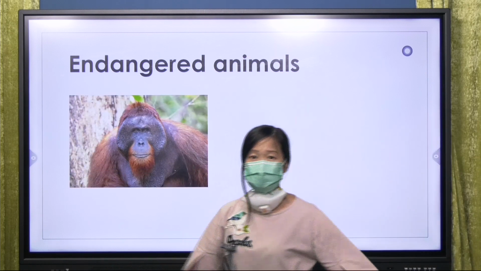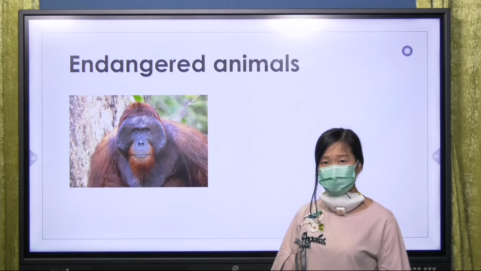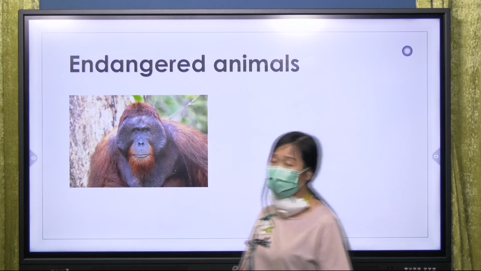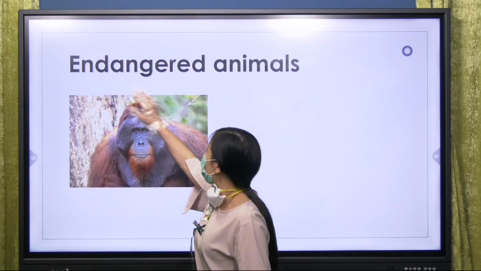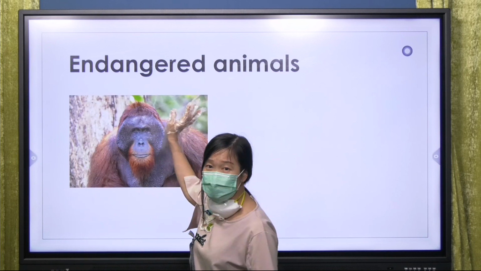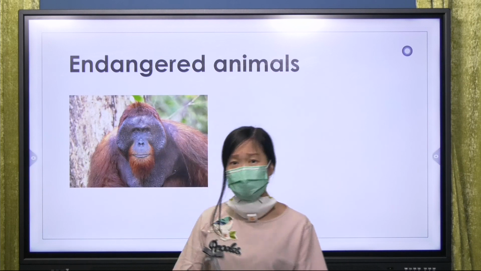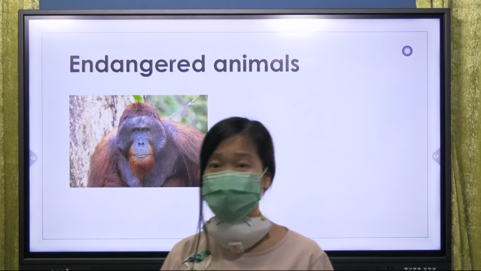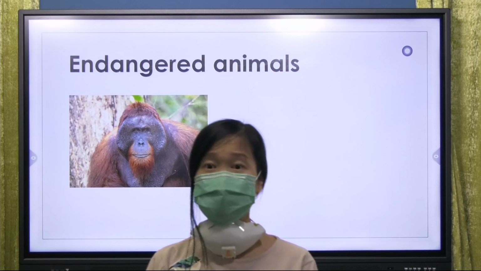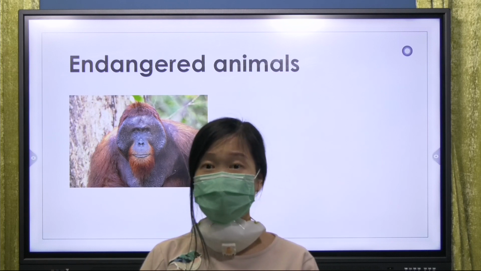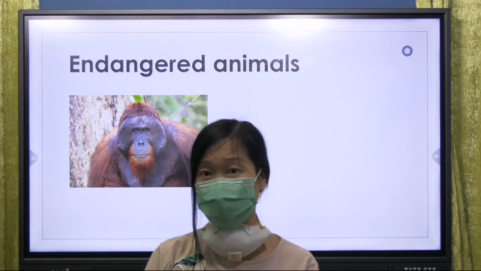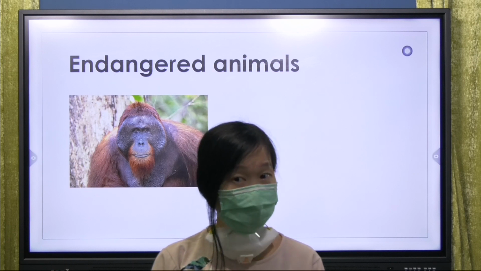Now, first of all, what's the topic about? The topic is actually about endangered animals. Endangered animals. You know the word danger, right? When we say dangerous animals, it means that the animals will attack people, will kill people. They are very dangerous animals.